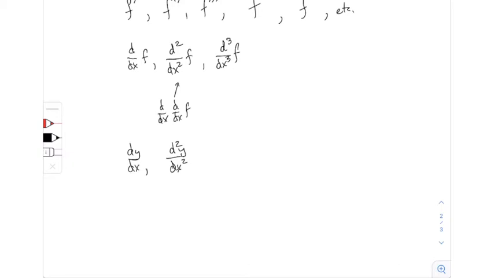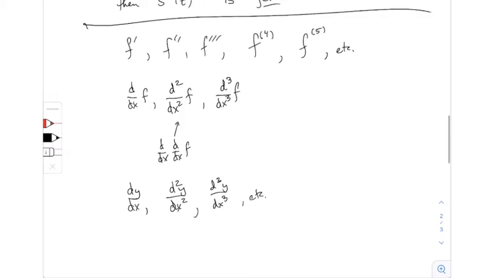Well, it's because it's basically using this style of notation, but you use a y up top. And there's only one y, not 2 y's, so you don't square the y. Very strange in my opinion, but the third derivative written in this style is d cubed y dx cubed, etc. All right, so this is just notation here.